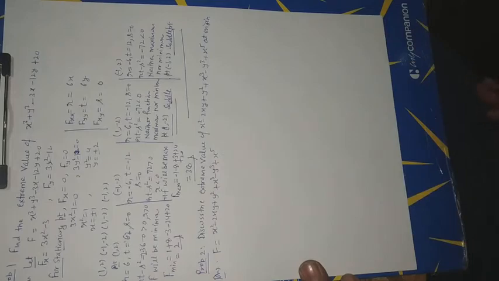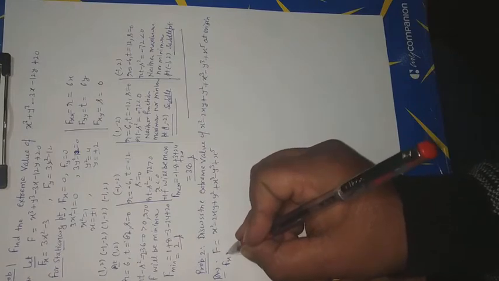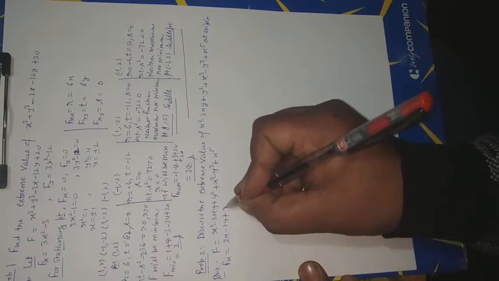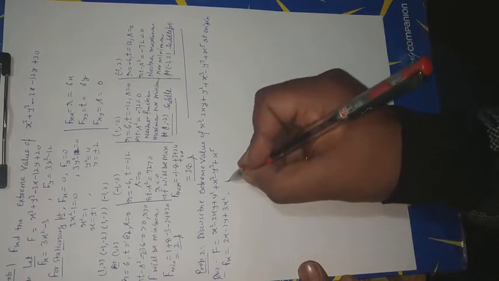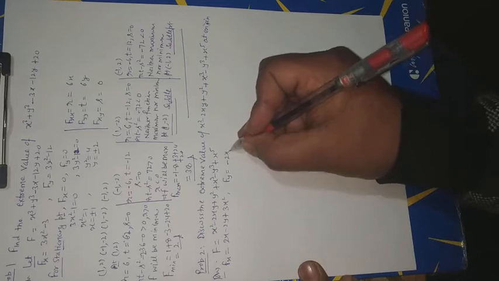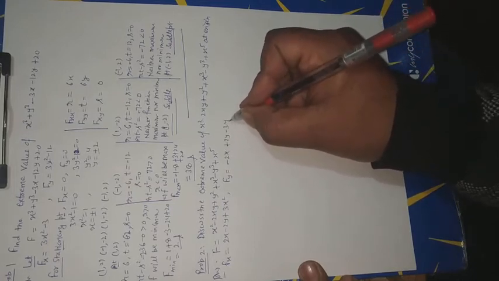Okay student, now for the stationary point, partial differentiation with respect to x gives 2x minus 2y plus 3x square. Similarly, partial differentiation with respect to y gives minus 2x plus 2y minus 3y square.